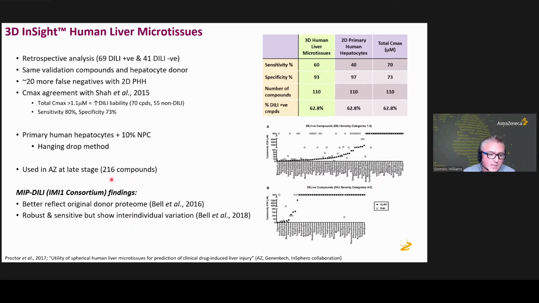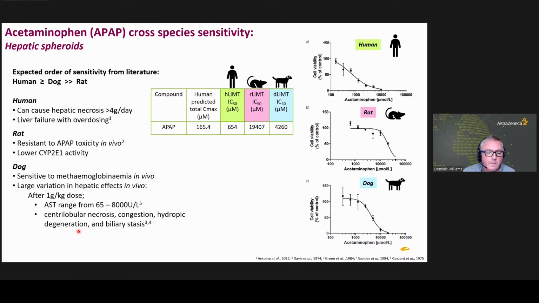And we used this across AstraZeneca between 2015 and 2016 for about 216 compounds. And we also fed into the MIP-DILI IMI1 consortium, and really interesting findings there suggest that the 3D models reflect the original donor proteome very well. They're robust and sensitive, but they do show inter-individual variation.